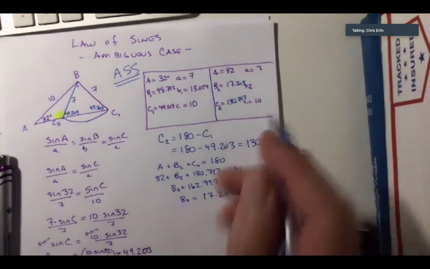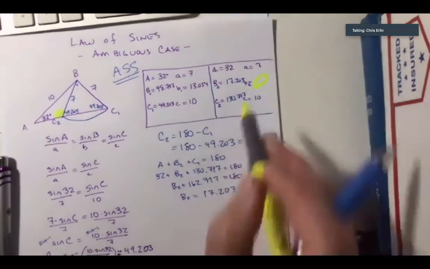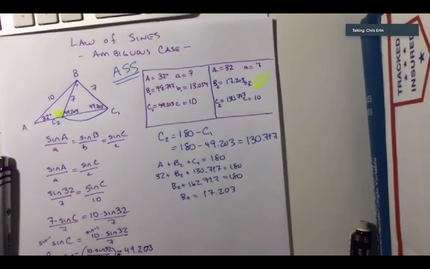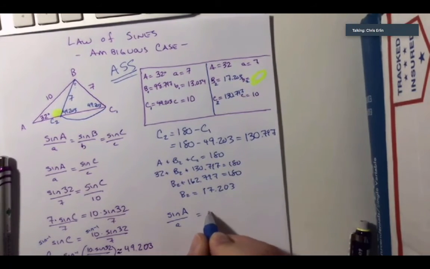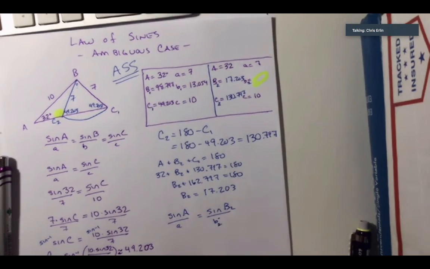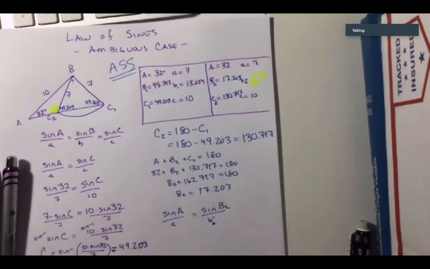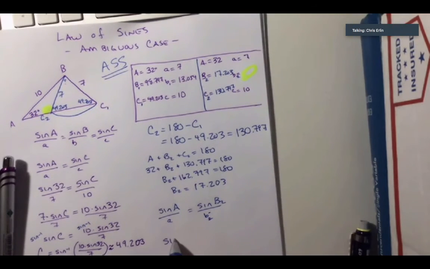Having now found B2, I can find what we needed to find, which is the last piece of the triangle. I can say that the sine of angle A over a is equal to the sine of B2 over little b2. In our case, that means the sine of 32 is to 7, as the sine of 17.203 is to our unknown b2.